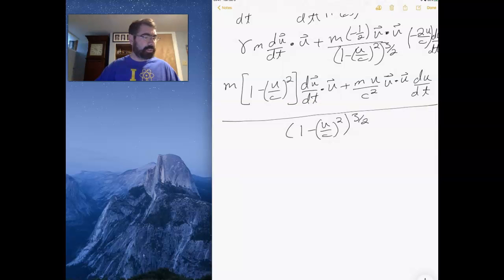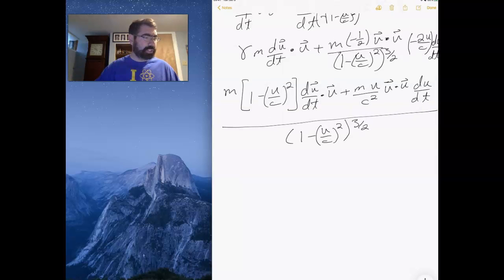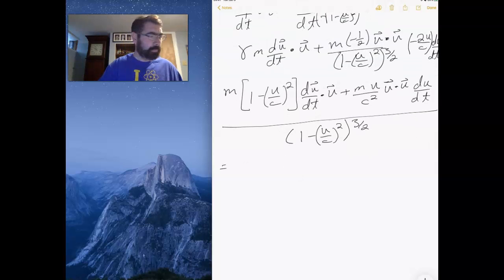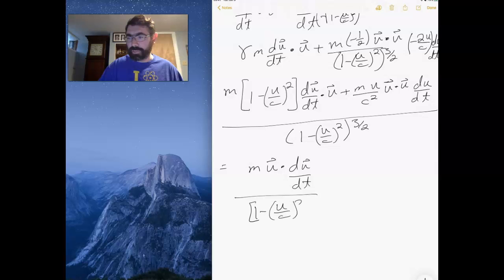Okay, so now if I clean this up, what I should get is m times u dot du/dt divided by 1 minus (u/c) quantity squared to the 3/2 power.